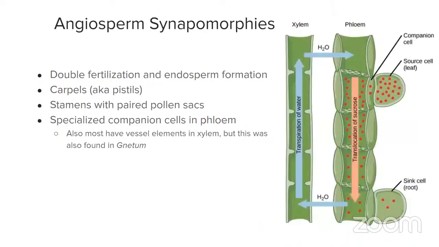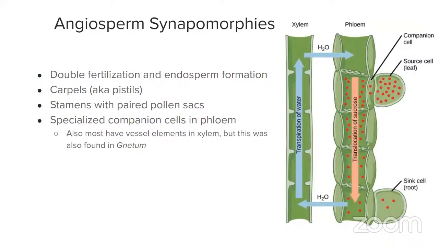Our synapomorphies for the angiosperms, their shared derived characteristics, like new mutations, are going to be double fertilization and the formation of an endosperm. We'll talk about that after break as we think about how fruit forms.